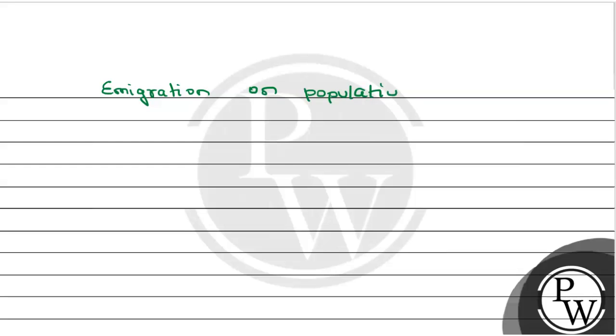So what does the term population density mean? It is the number of individuals of a species that are living in a particular area at a given point of time. Now let us first see what the individual terms mean.